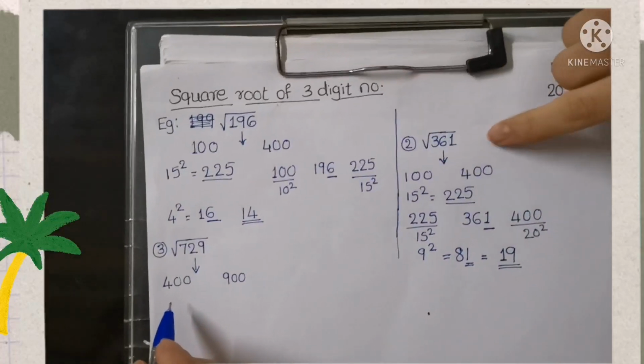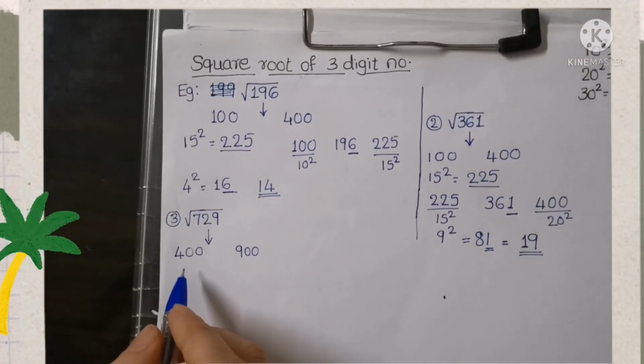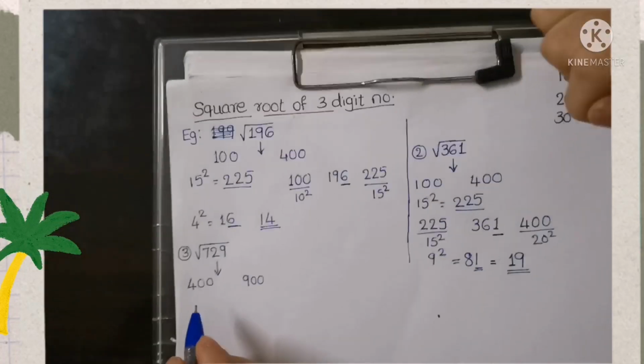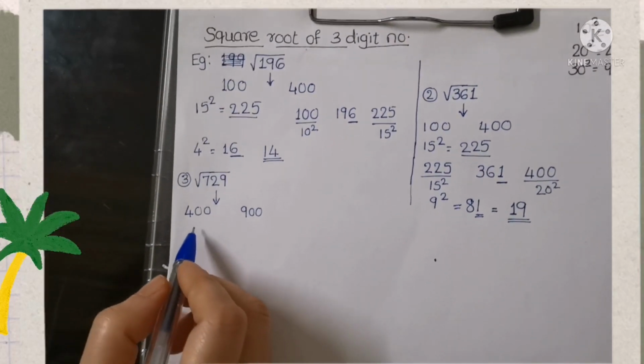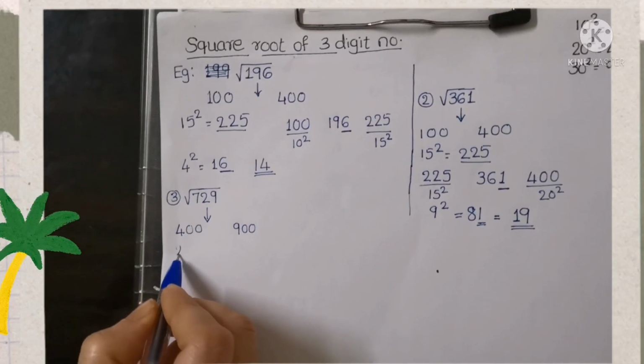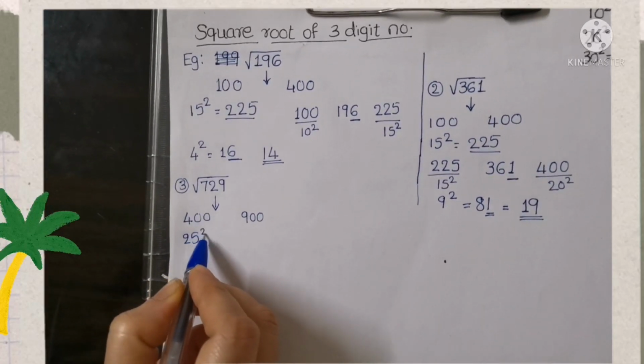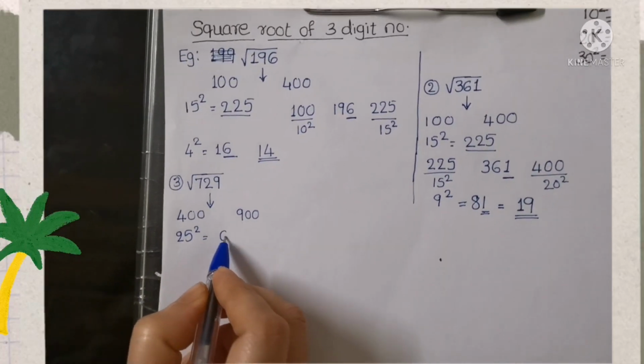The square of 25 is 625. If you don't know the square of 25, you can go back in the video and watch my trick of finding the squares of numbers ending with 5. So 25 squared is 625.